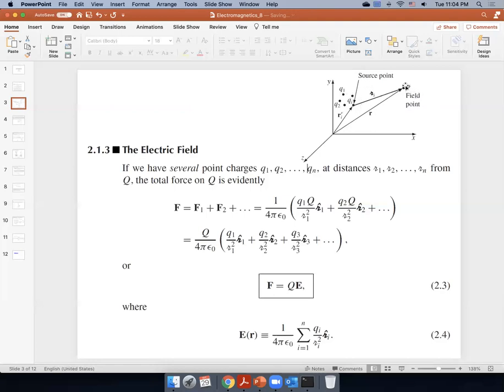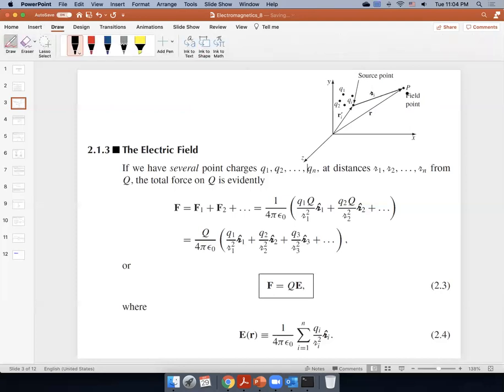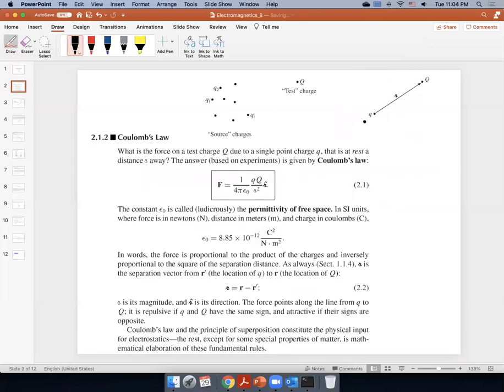And now if you put a charge Q at the position P, then you can calculate the force between Q1 and test charge Q from Coulomb's law.